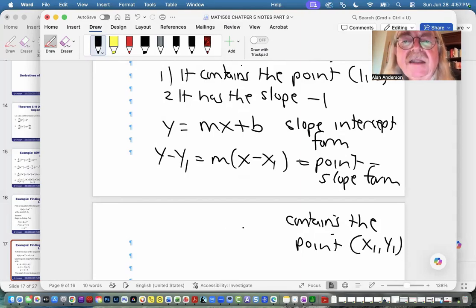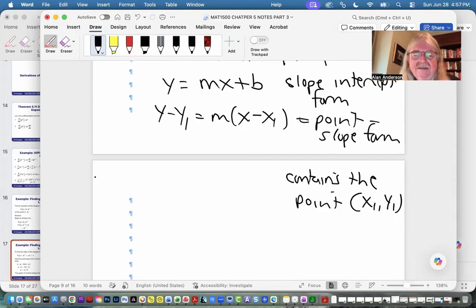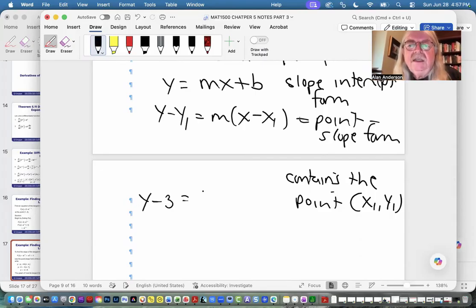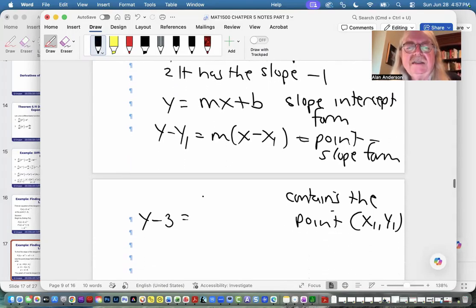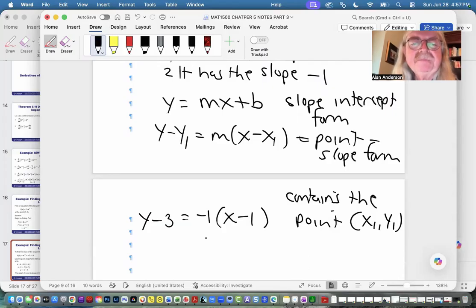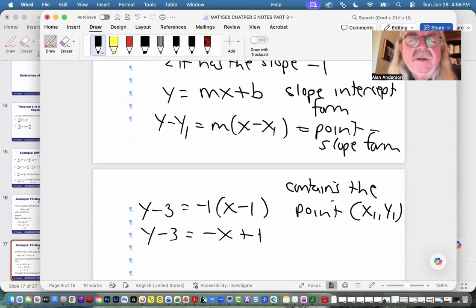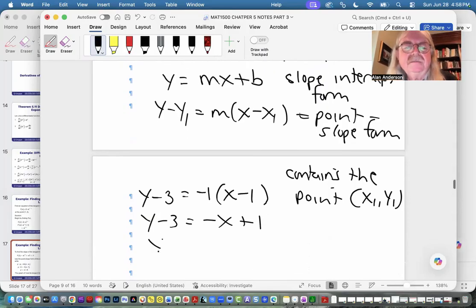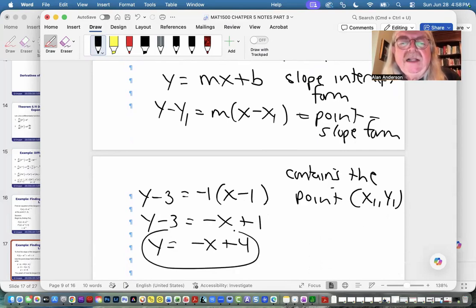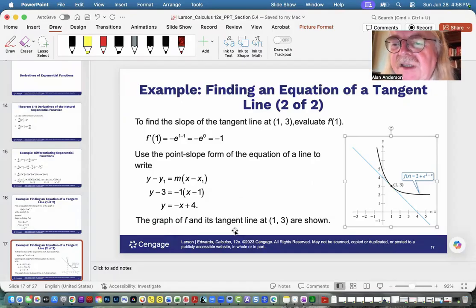And so we plug that in. That point is 1, 3, by the way. And of course, we know the slope is minus 1. Or we can write it as, and then we can rearrange it. And that is the equation of the tangent line.